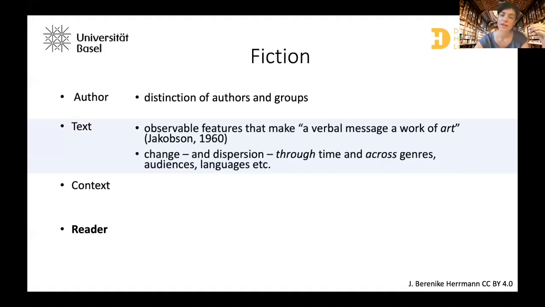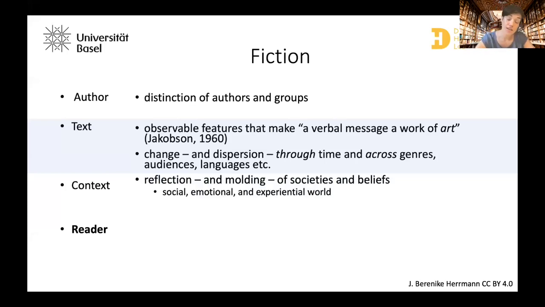This is a very formal way, and has from the start had a quantitative dimension. And this is, of course, also about change and dispersion throughout time and across genres, for example, or audiences and different languages, and so on. Audiences, for example, being children versus adults, or certain other audiences.